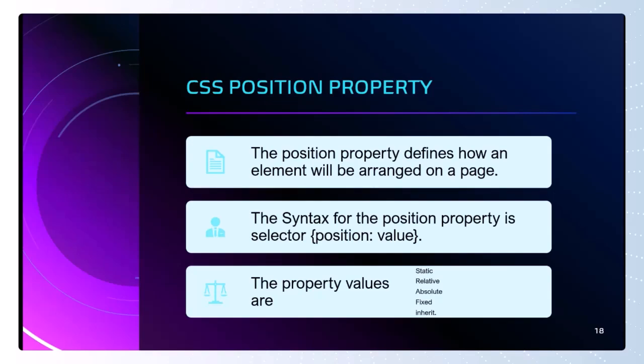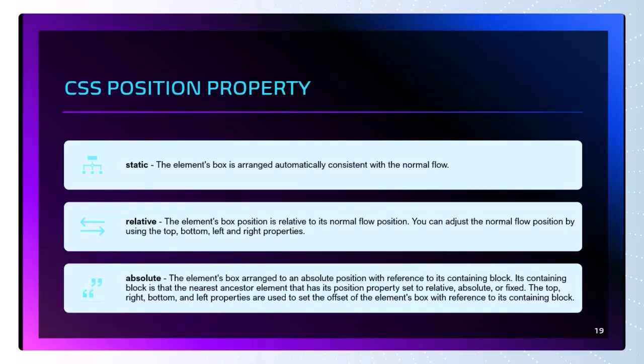Some of the property values are static, relative, absolute, fixed, and inherit. For the CSS position property, static means the element box is arranged automatically, consistent with the normal flow. Relative means the element's box position is relative to its normal flow position.